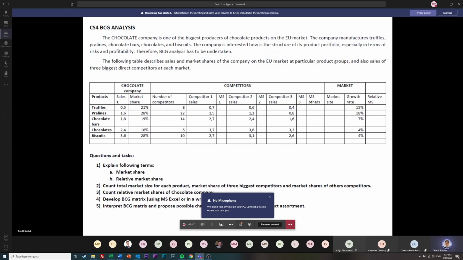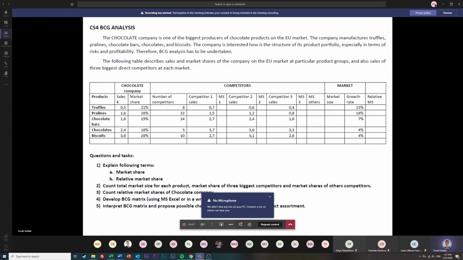It means the market share of our truffles in the whole market of truffles in the country. The same for chocolate bars and their share of the total market in the country, chocolates, biscuits. Yeah. So those are the input information.